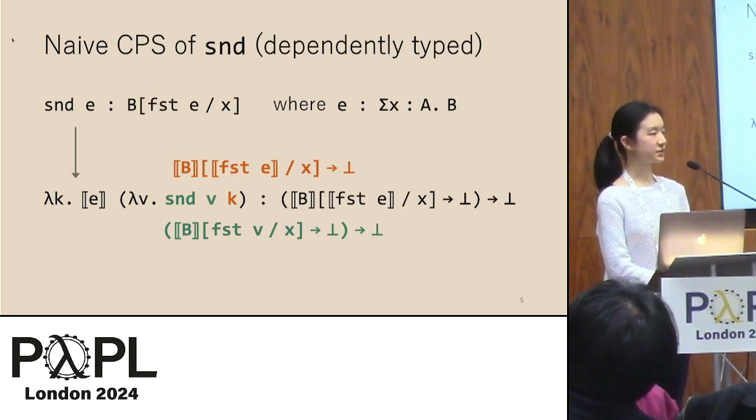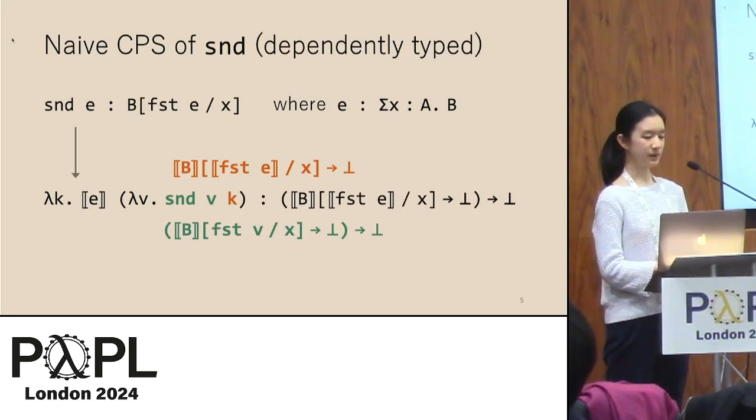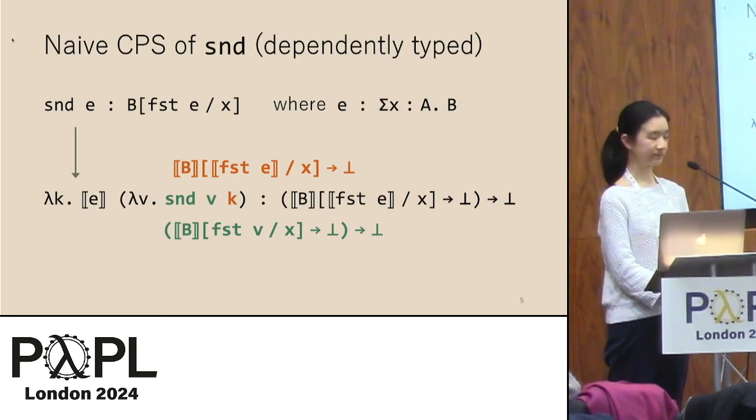Now we do the same translation with dependent types. Suppose the source term E has a dependent product type. In this case, the whole term has a type that depends on the first of E. The CPS translation is the same as before, but this time the result is not well typed.